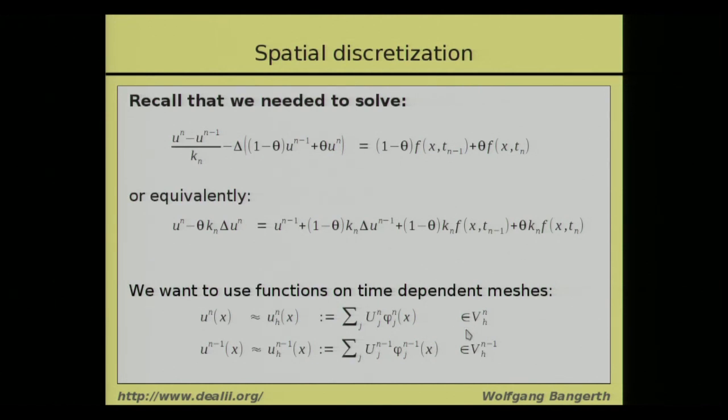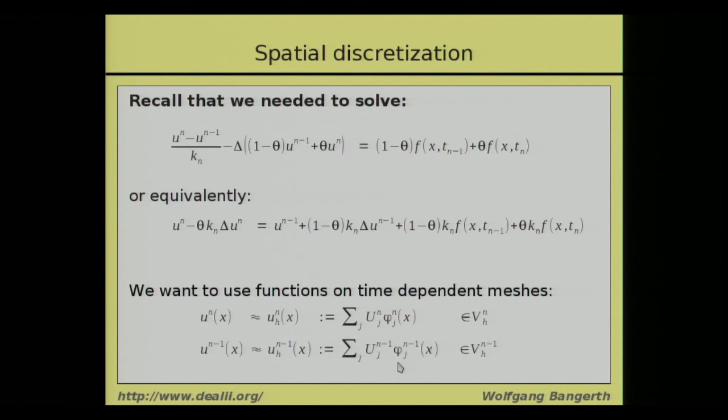And of course, I can do the same thing for the solution at the previous time step, right? I want to write the solution at time t_(n-1) as approximated by a u_h^(n-1) that I'm going to expand again in coefficients with these shape functions.